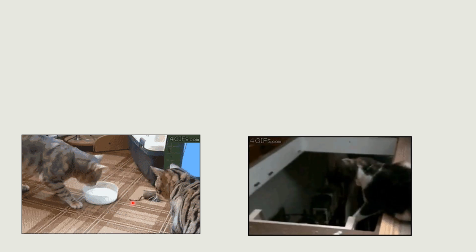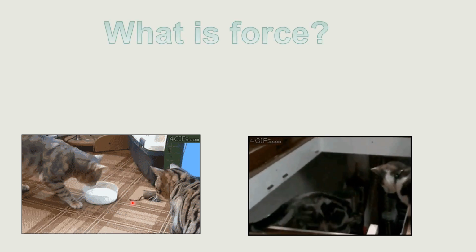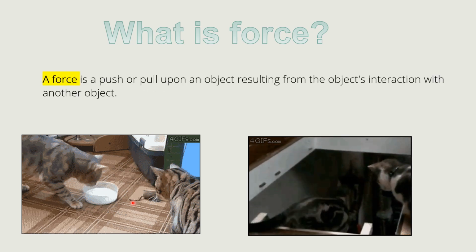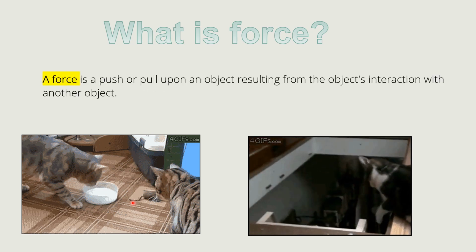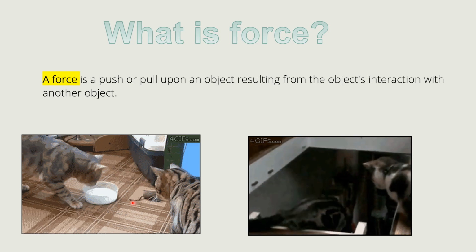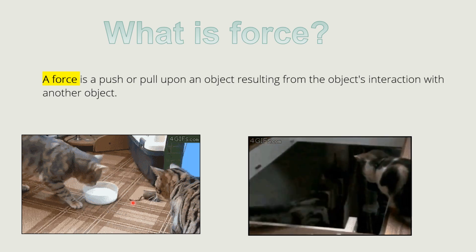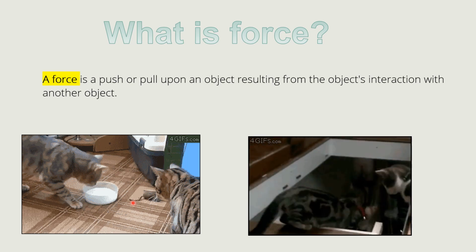Because in physics, the simple way you can define what force is, is that you just say that force is some kind of push or pull. This push or pull basically will result in some kind of interaction with another object.